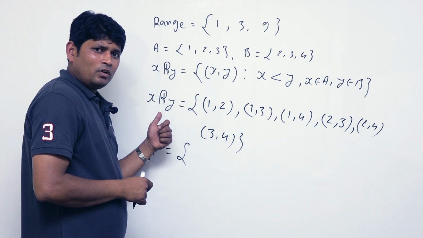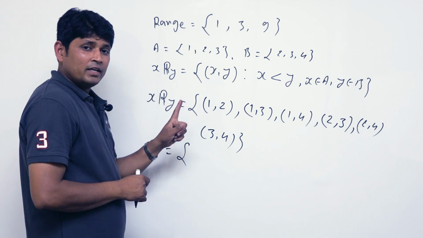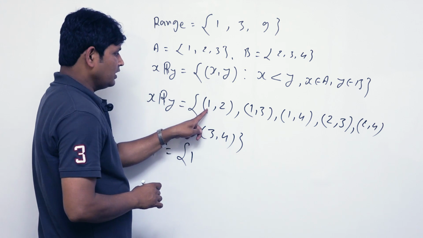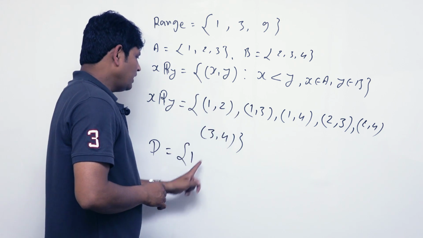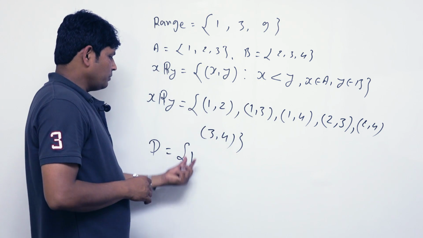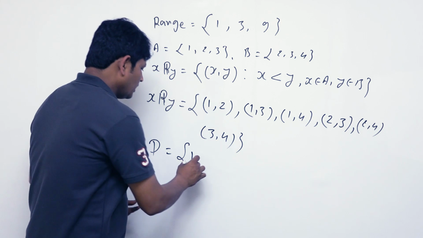But as I said before, in a set, can elements be repeated or not? No, elements will not be repeated. So once you write 1 as the domain, you cannot write 1 again. Writing it once is enough. This is the domain 1.